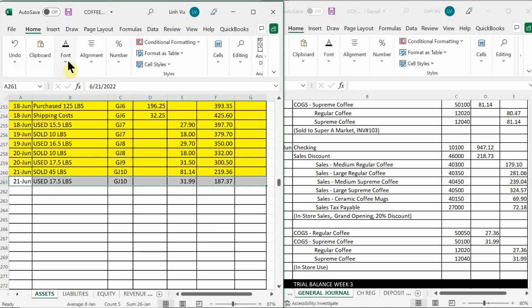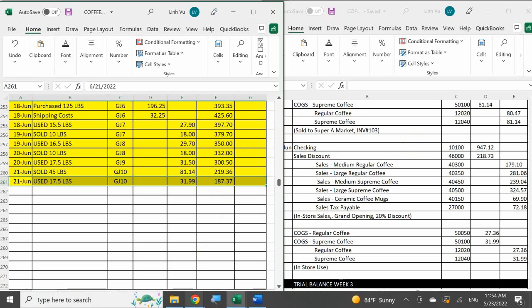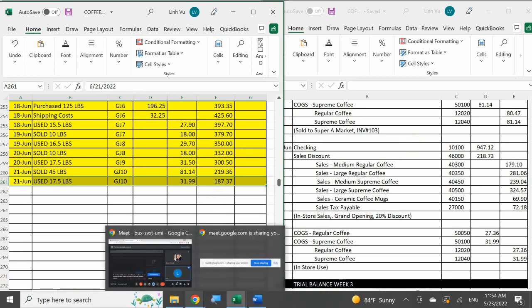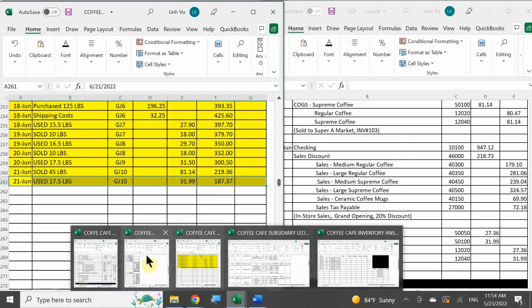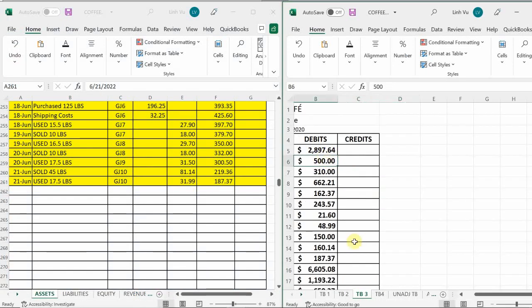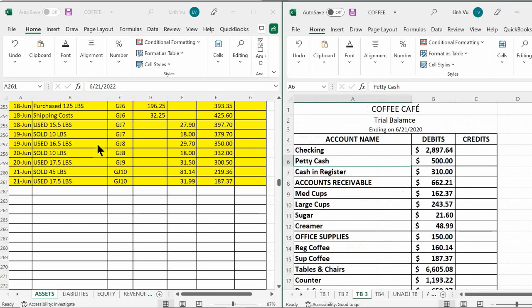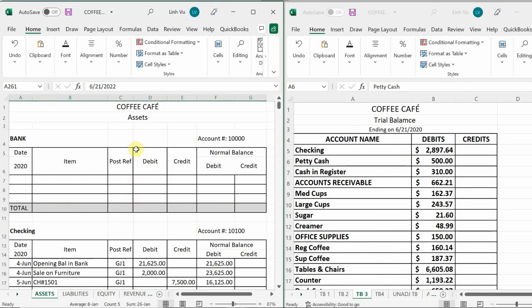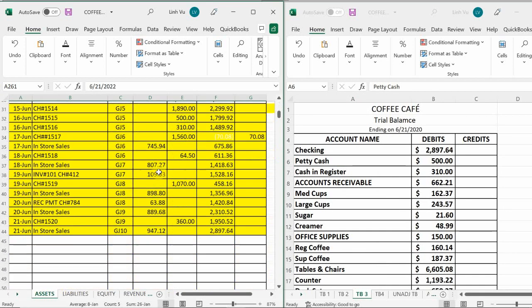So now we need to just go over our numbers one more time. Because in this case, our journal to ledger transferred completely correctly. So now all I gotta do is double check if I debited and credited everything correctly. Starting with checking. Okay, checking.